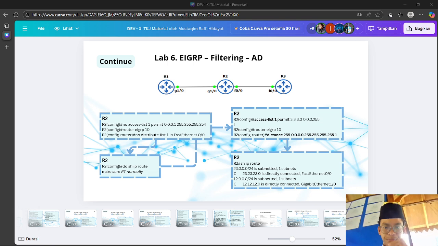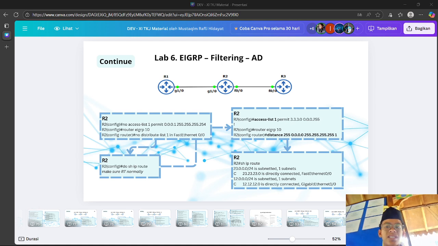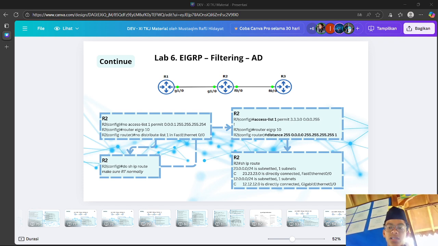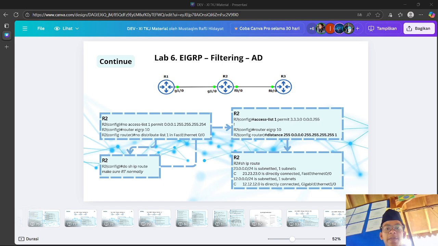Think of it as a trustworthiness rating for routes. The lower the administrative distance value, the more reliable the route is considered. If two different routing protocols like OSPF or EIGRP advertise the same destination, the router will choose the one with the lowest administrative distance.